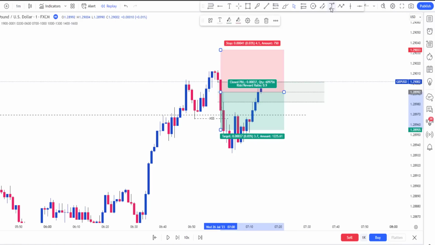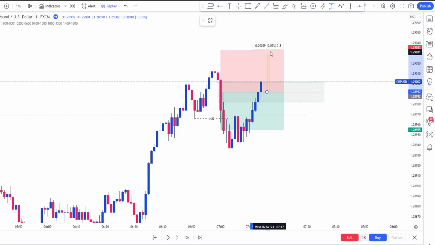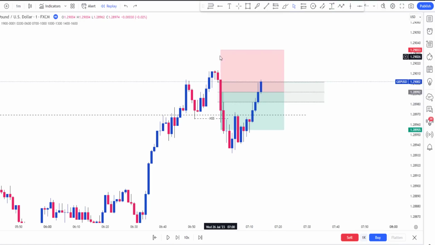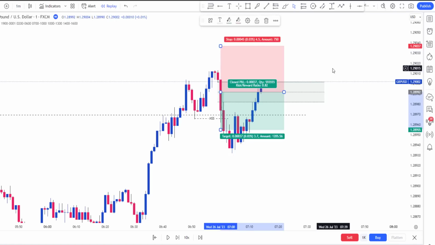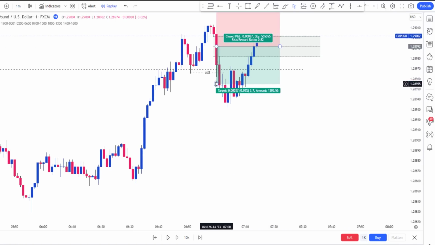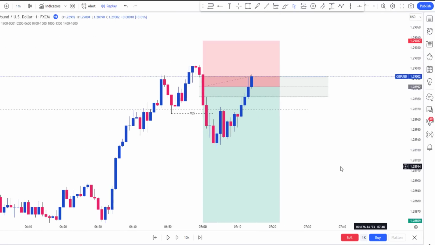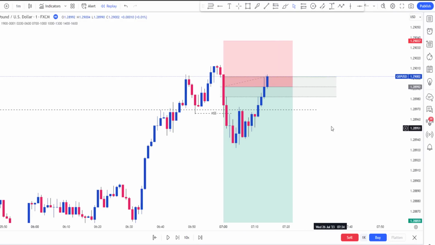Let me see how many pips this is. It was a 5 pip stop loss I used. I don't know what happened that day, but I actually measured the risk to reward ratio, and I was not so sure of the trade that day.